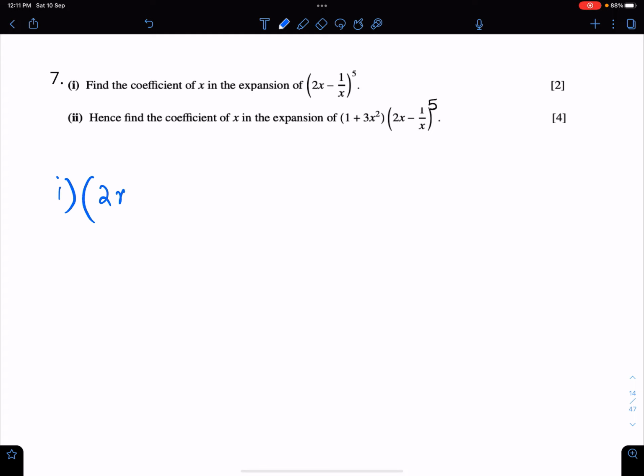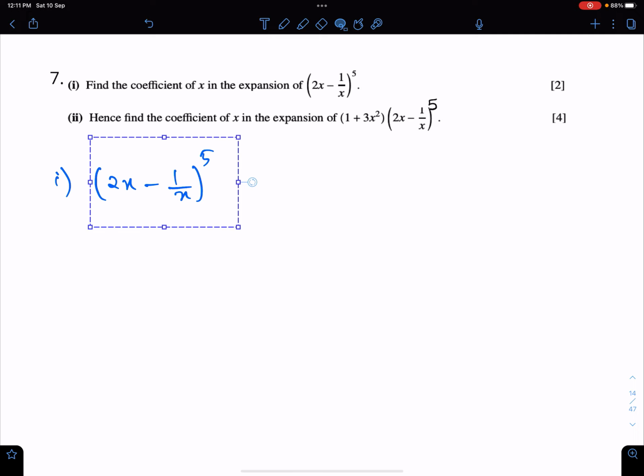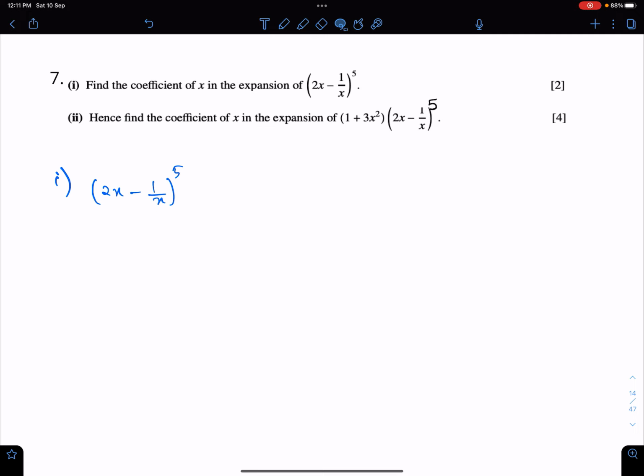So (2x minus 1 upon x) whole power 5. We will expand this to get the coefficient of x.